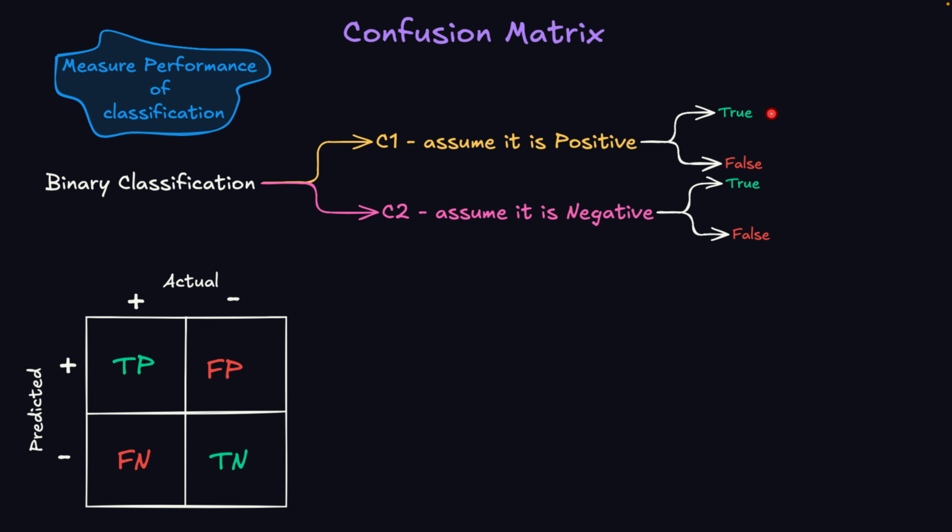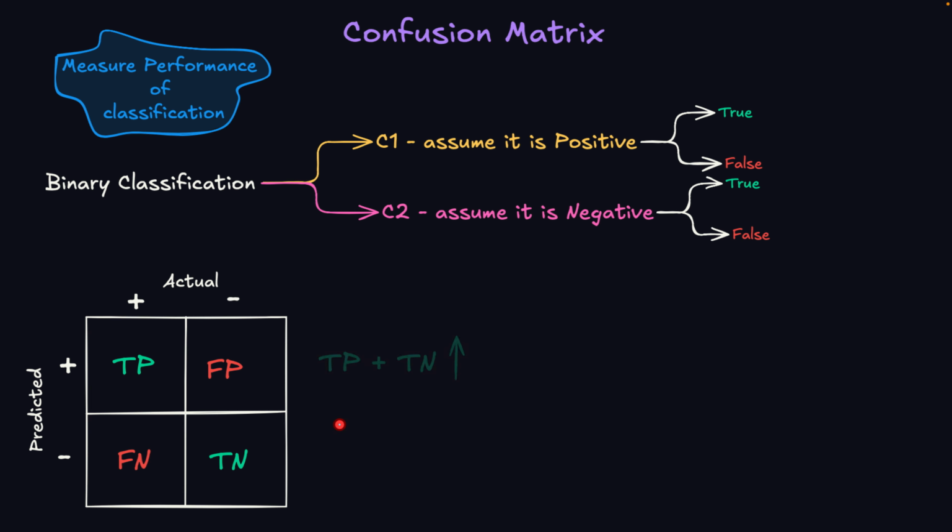So this covers all these 4 combinations that we have seen here. Okay. So this is what we call a confusion matrix. We put this true positive, true negative, false positive and false negative into this matrix like table, and this table is called confusion matrix.